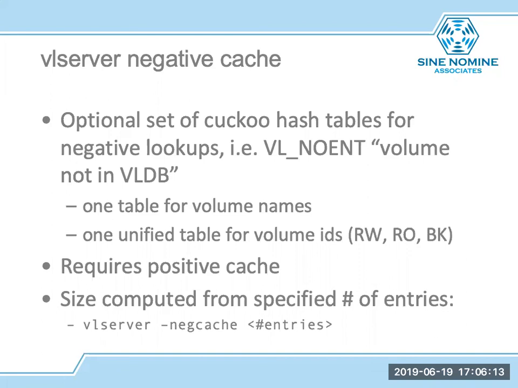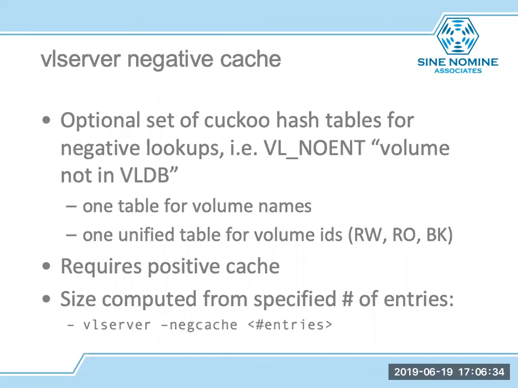So the mount point is there, but the volume's not there yet. That's going to generate a pathological lookup. The reason it's pathological is because the hash chains are so long and we have to do so many IOs to get to the end before we know for sure that this volume really isn't in the VLDB.